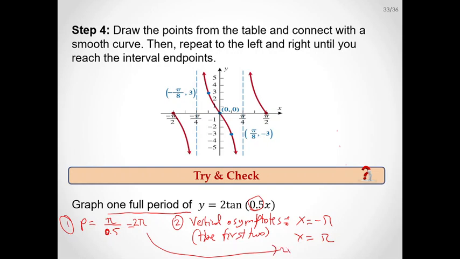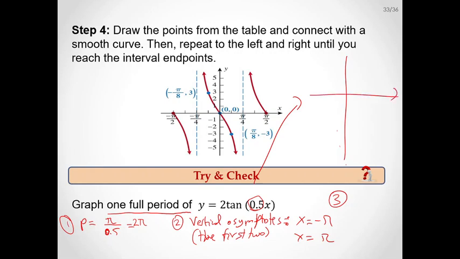You divide 2 pi by 2, and you will get these. Now I will put this here. For sure, I will get minus pi here and pi here. And these are the vertical asymptotes, as we know.